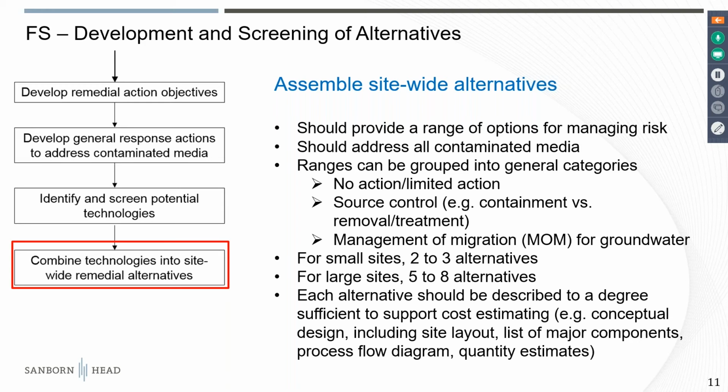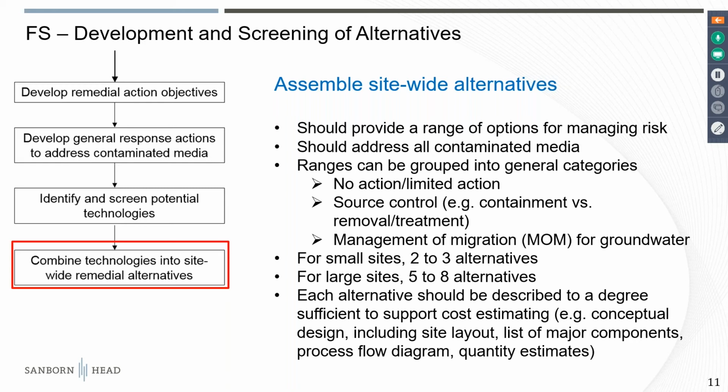But for larger sites, certainly any federal Superfund site and some RCRA sites, you might be looking at something like 5 to 8 alternatives. And the reason is you've got multiple media to deal with. You have a number of different risks that you want to address with different types of technologies.